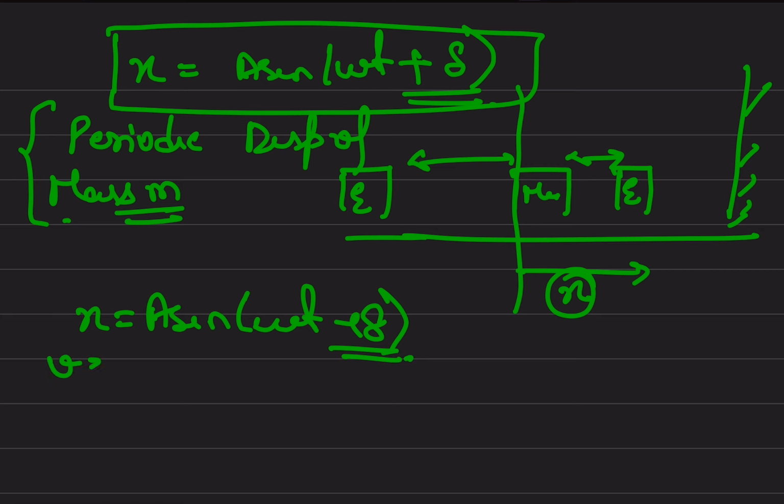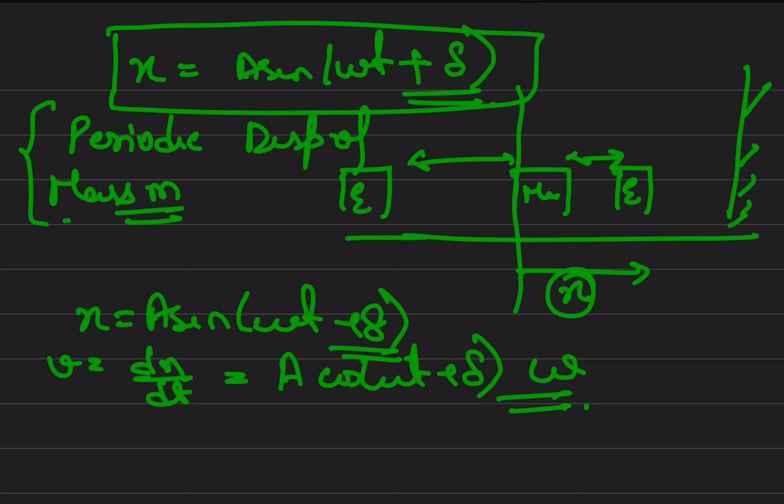Now, how will the velocity be written? It is dx by dt, which gives a cos (omega t plus delta). The differentiation of omega t plus delta will be omega, as the differentiation of delta is 0. So it is a omega cos (omega t plus delta). This is the equation for velocity.